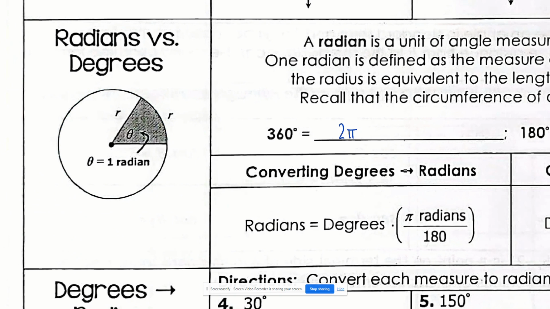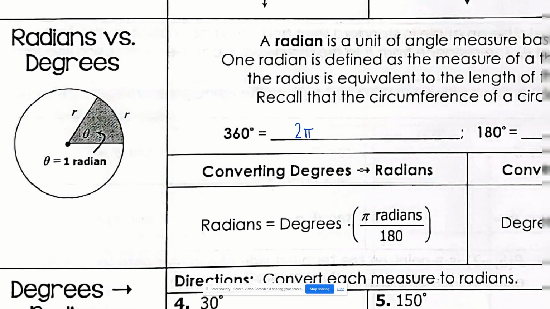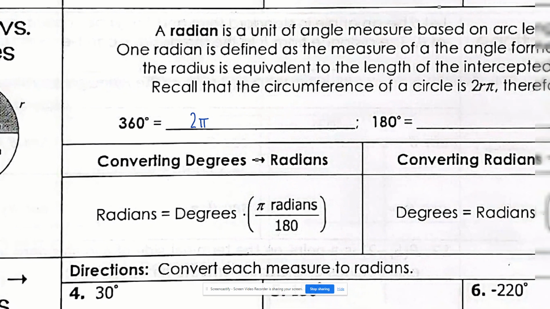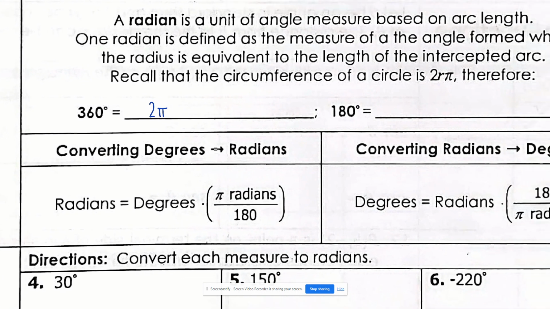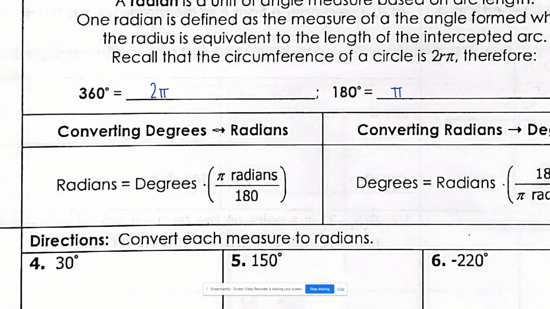All right, now, listen. If 360 degrees is 2 pi, what would 180 degrees be? It would be 1 pi, right? Here's the point. What we're going to do is convert degrees to radians or radians to degrees.